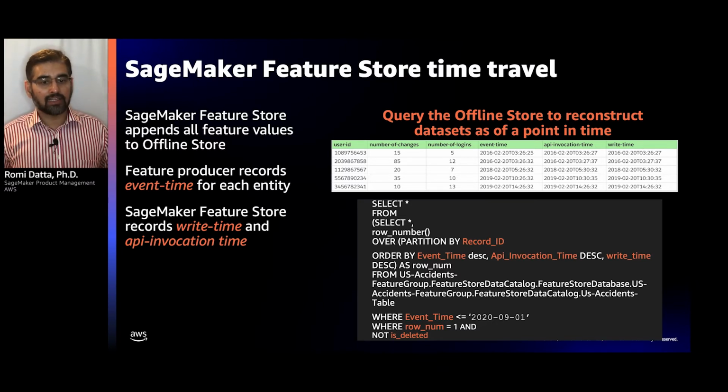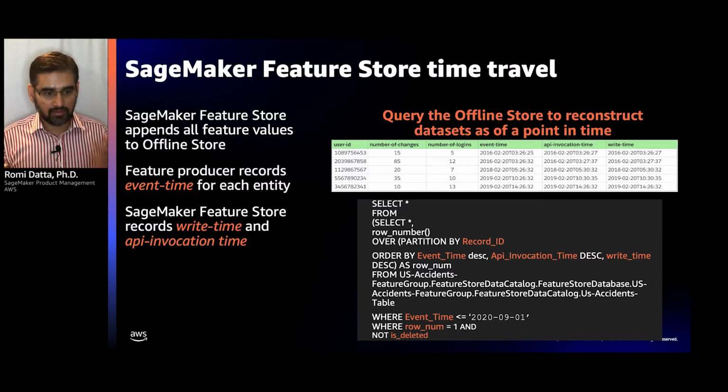That can give you a training data set at a particular point in time in the past. So a combination of user-defined event time and one of the system-defined times lets you do time travel in SageMaker Feature Store and recreate data sets at a particular point in time.